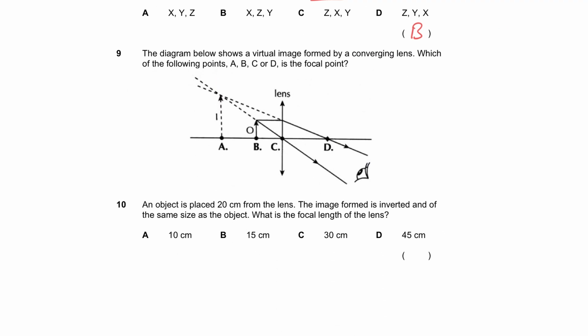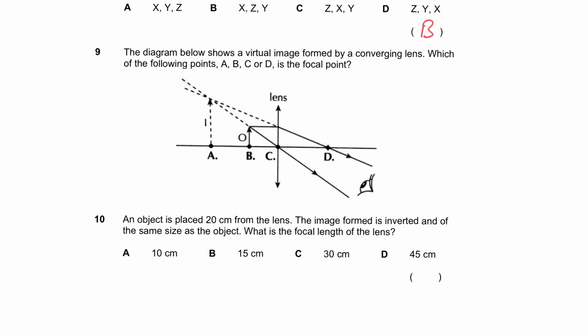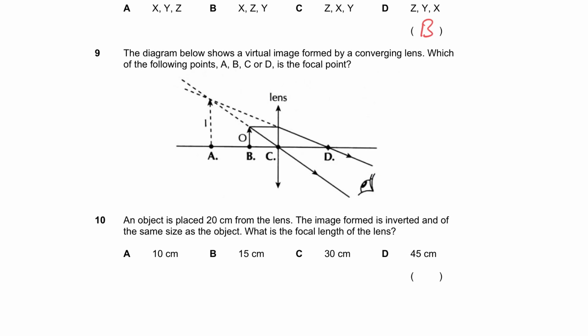Next, this is on lenses. One look at it, you know that this is the fourth scenario that we have gone through, the four scenarios that are very important. And you know that the object, which is over here, is placed at a distance less than 1 focal length. That means your F must be somewhere around here. These are things that you know.